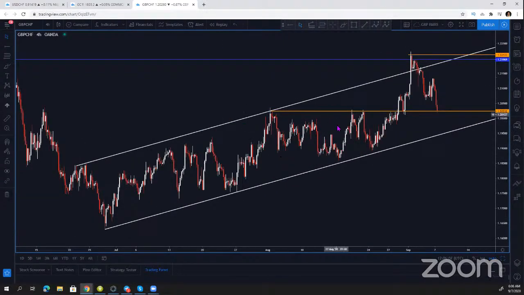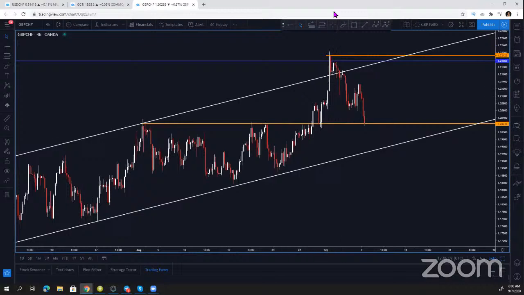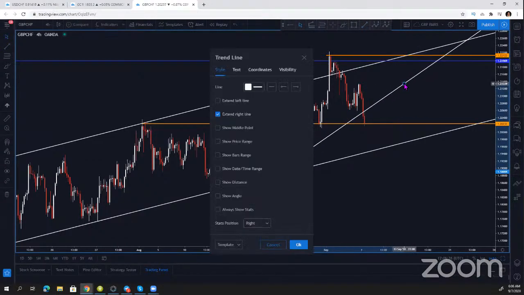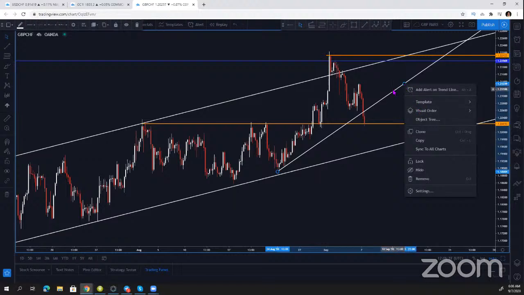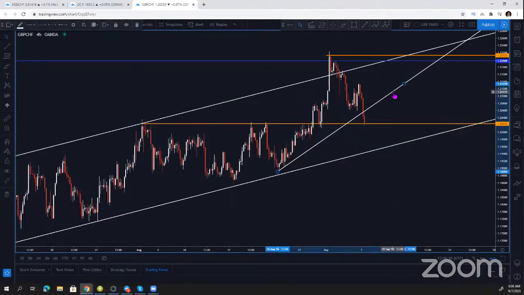So let's continue. Let's have a look at the current structure that we just broke. Let's grab the lines. This one right here. This is the structure inside the structure that I was looking at.